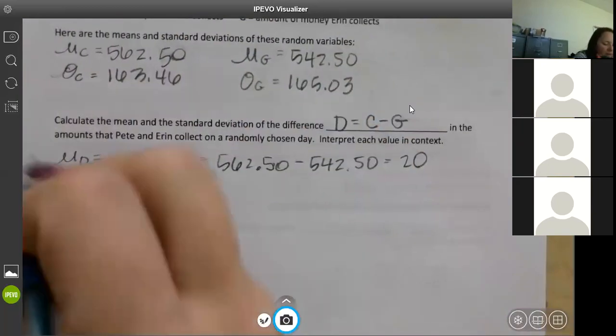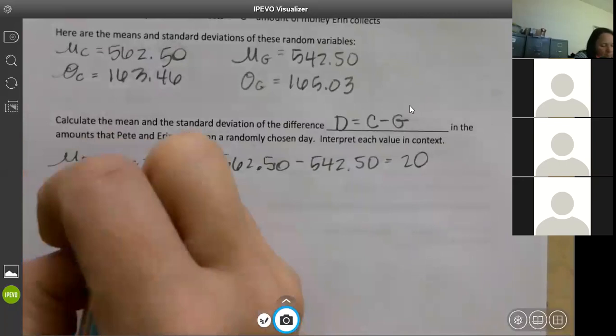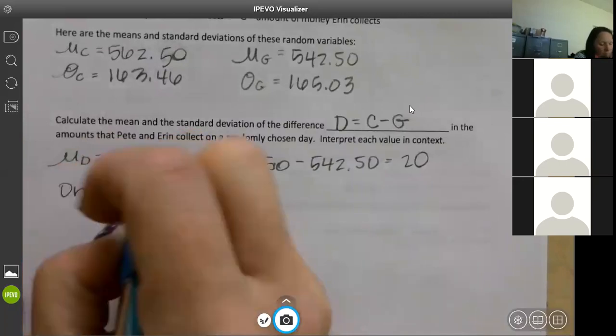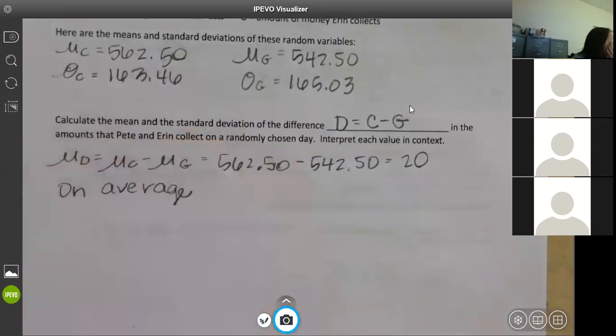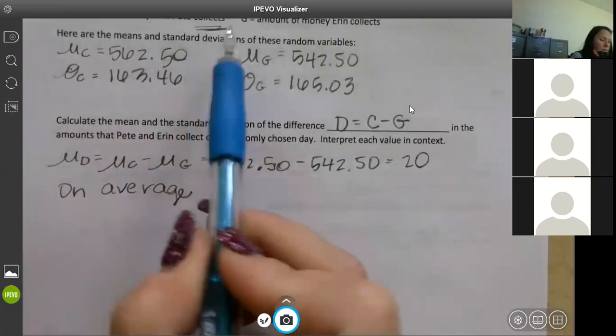So what does that mean? On average, what happens? What did we just do? In context of the problem, collects.